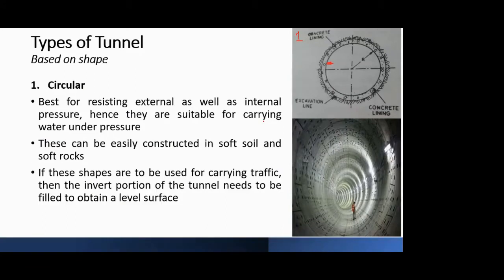And if you consider where we will use this circular shape, it is best in resisting the internal and external pressures. Generally, these circular tunnels are used to carry water. Whatever water supply tunnels you see will be circular tunnels.